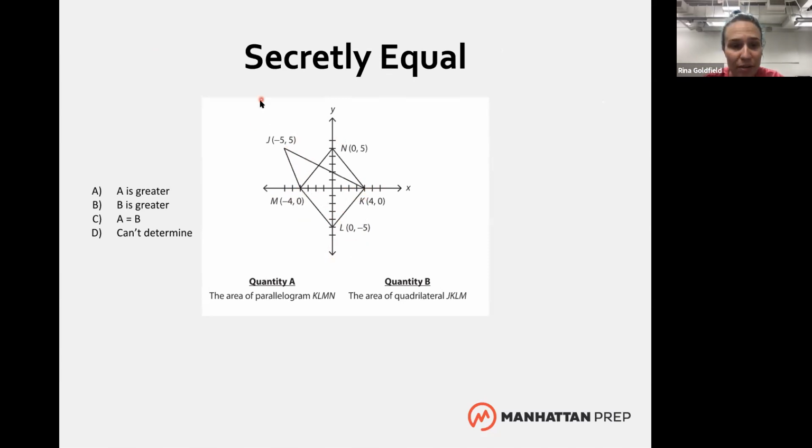So they share this bottom part here, so I'm just going to forget about that bottom part. They share it. That means what I really want to compare, quantity A and quantity B, is whether this shape, JMK, is bigger than MNK, versus this shape. Is this triangle here?